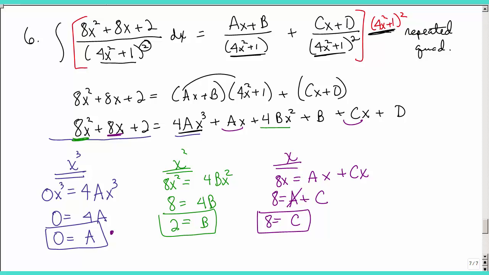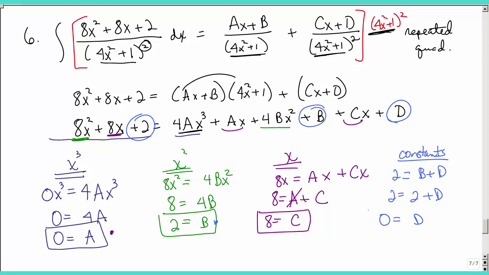So I have a, b, c. I just need d. So I'm going to use constants because that's all I've got left. Okay, so I've got 2 equals everything that doesn't have a variable. Right? I know what b is, so that tells me d is also 0.